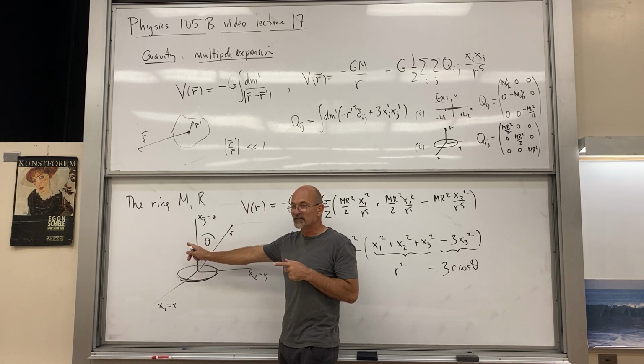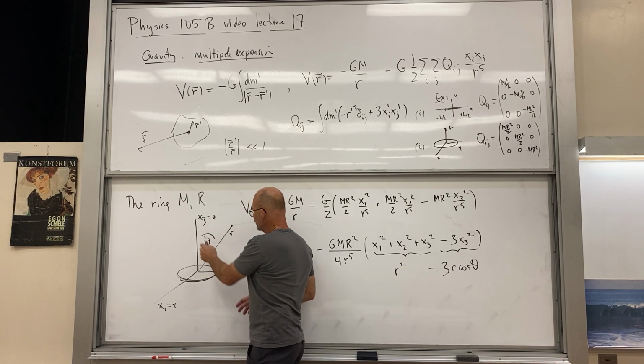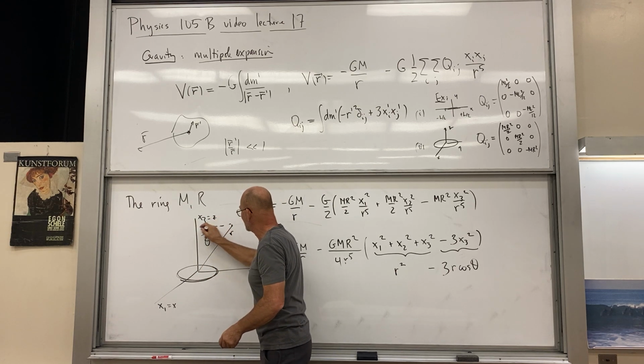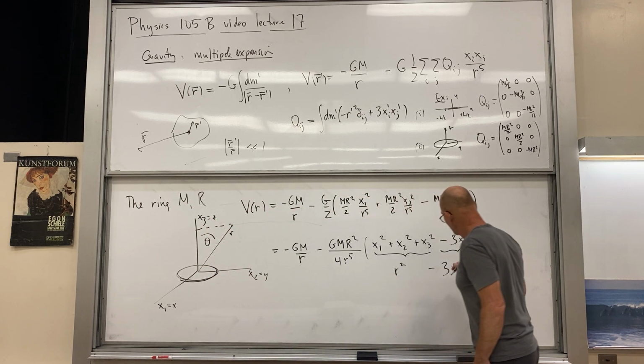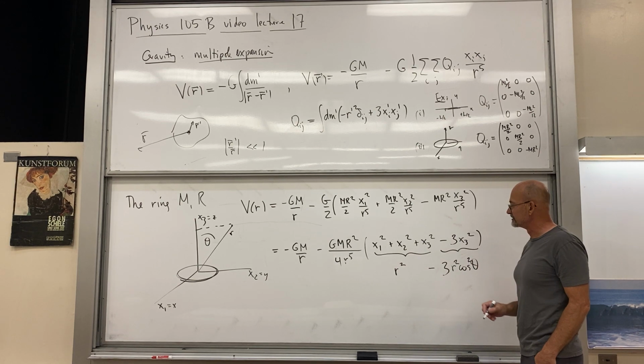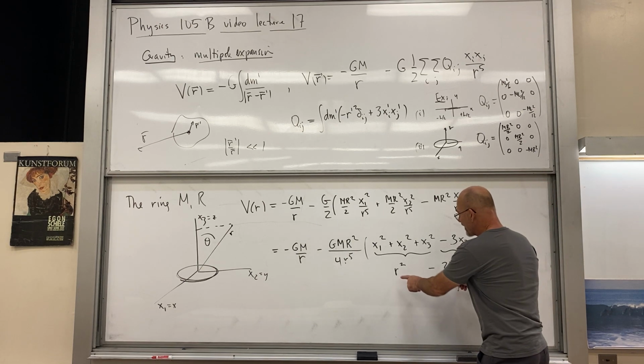I'm going to define this angle theta. So since I have this symmetry, r cos theta is my x3. Okay, so I was able to do that. So now I have r squared minus 3r squared cosine squared of theta. And now we can factor out that r squared.